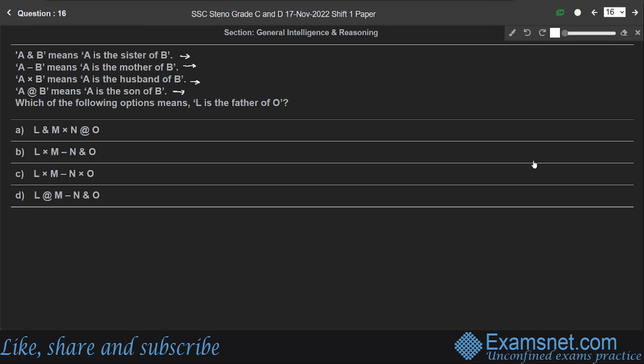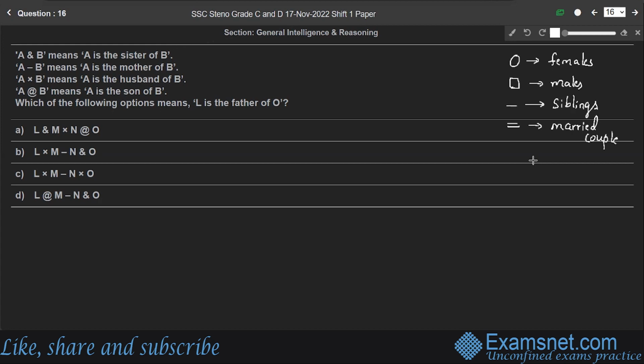So for the better understanding of these relationships, we use some symbols. We use a circular symbol for all females, right? We use a square symbol for all males. Let us use a single horizontal line for siblings and a double horizontal line for a married couple.